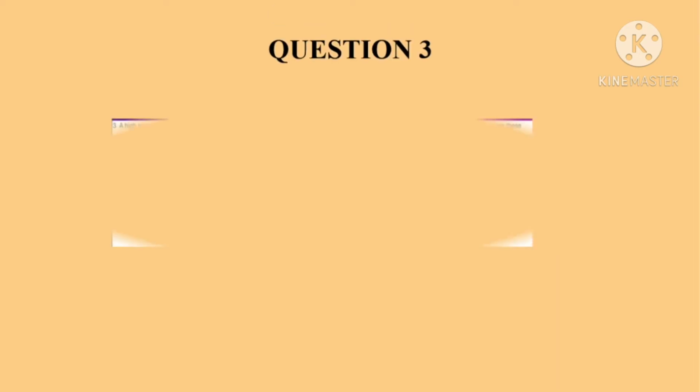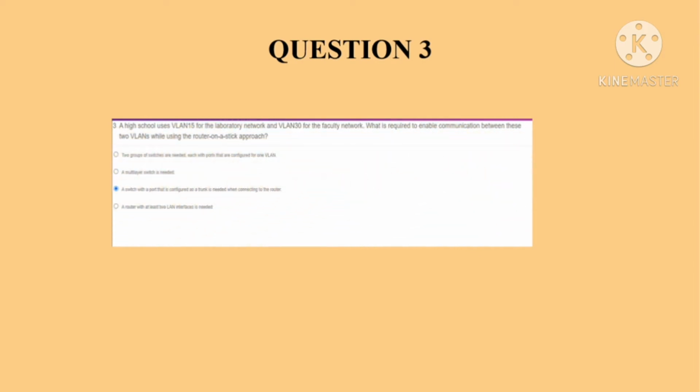Question number 3. A high school uses VLAN 15 for the laboratory network and VLAN 30 for the faculty network. What is required to enable communication between these two VLANs while using the router on a stick approach? So the answer for this is a switch with a port that is configured as a trunk is needed when connecting to the router.